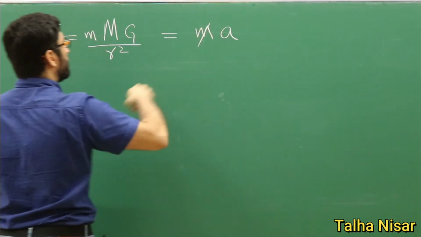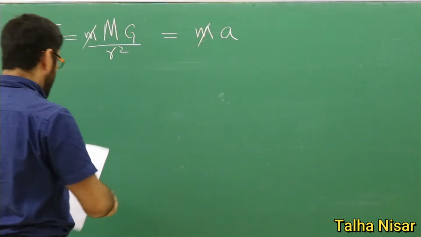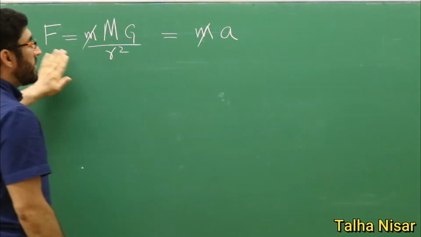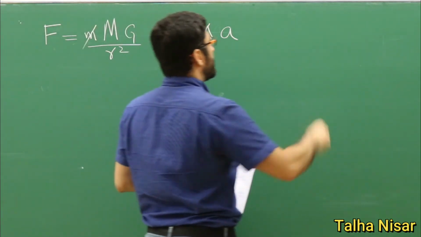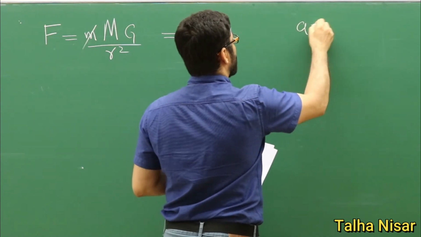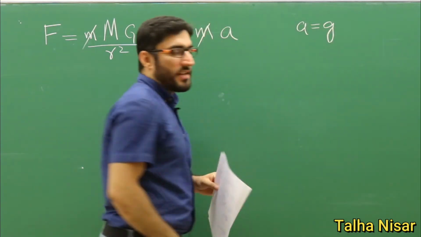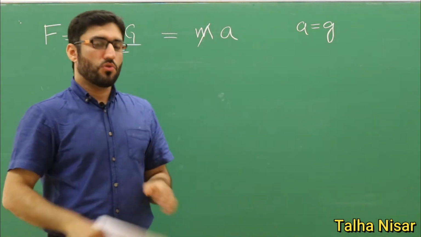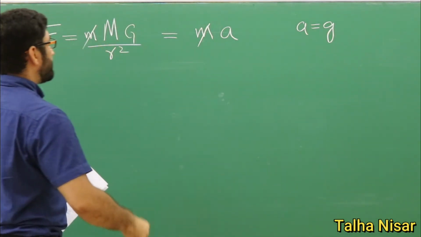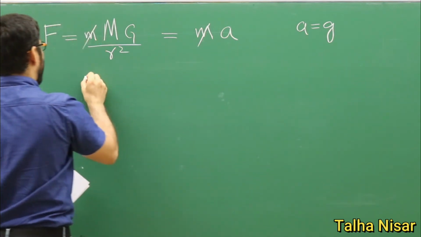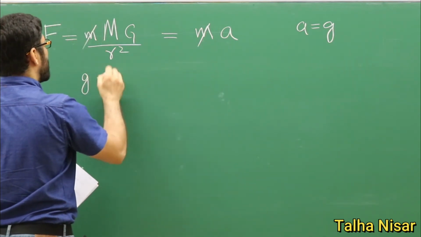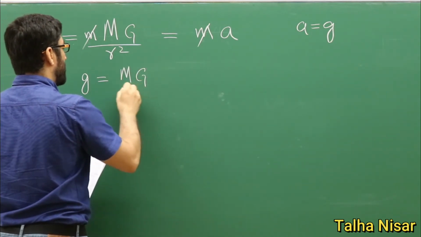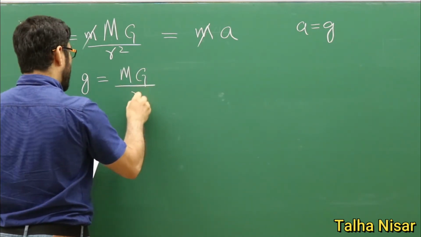We can cancel the small m's, and if we are on the surface of the Earth, this acceleration is equal to the gravitational acceleration, the acceleration because of the gravitational force. So now we can say that g is equal to the big M, which is the mass of the Earth, times the gravitational constant, divided by R squared.